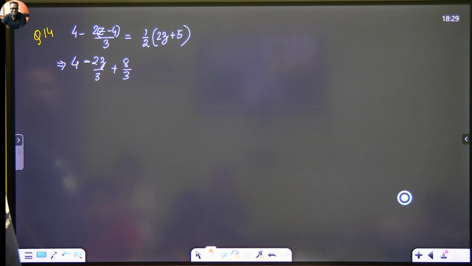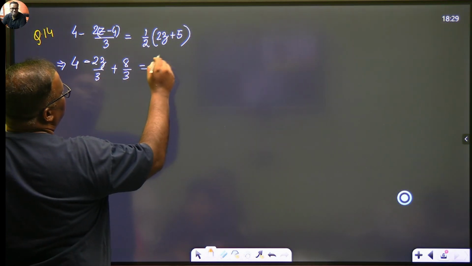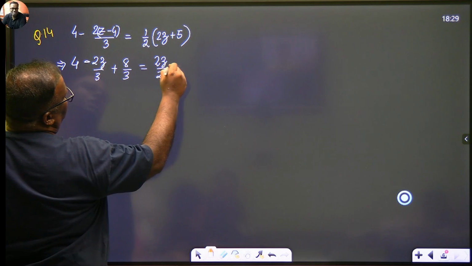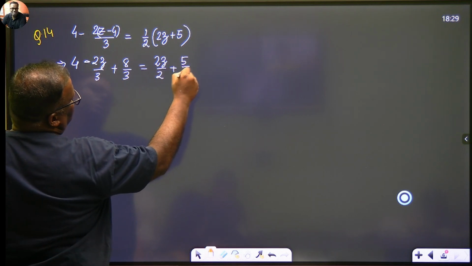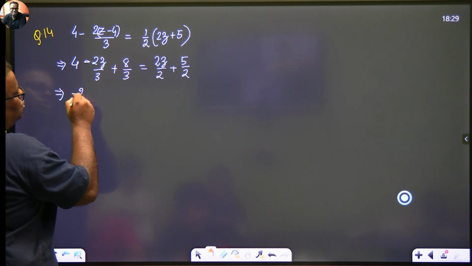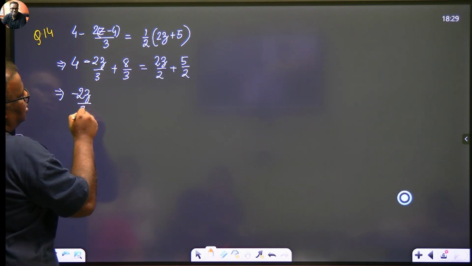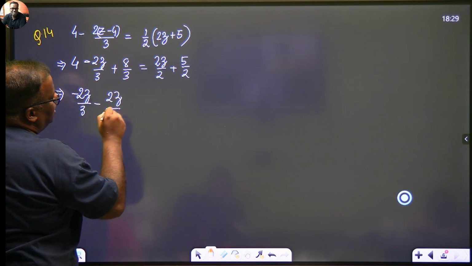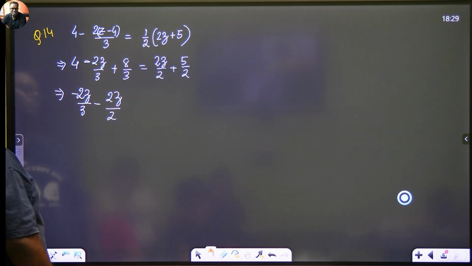ठीक है. अच्छा, आगे चलते हैं. ये है 2z/2 और ये है 5/2. इन्हें काटिए मत, अभी एक साथ काटेंगे हम इन्हें. -2z/3 और क्या हो गया? -2z/2. Okay, perfect.